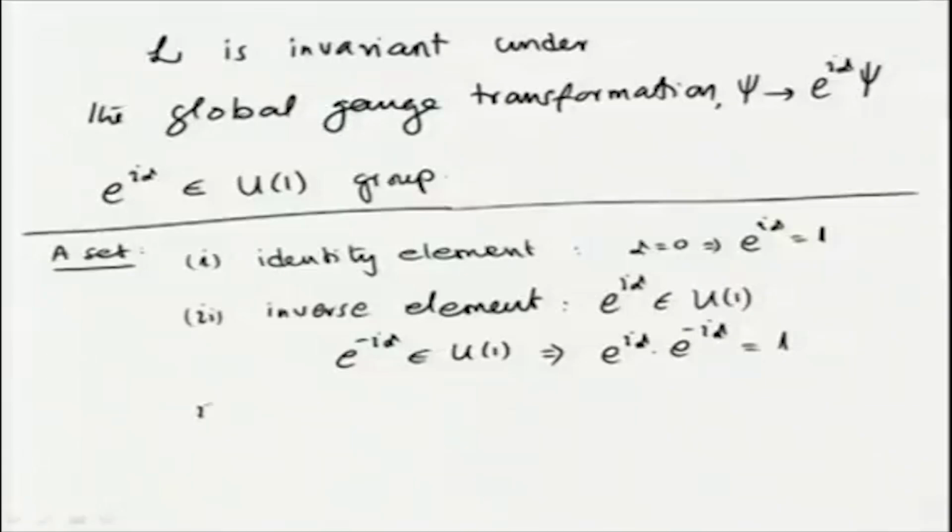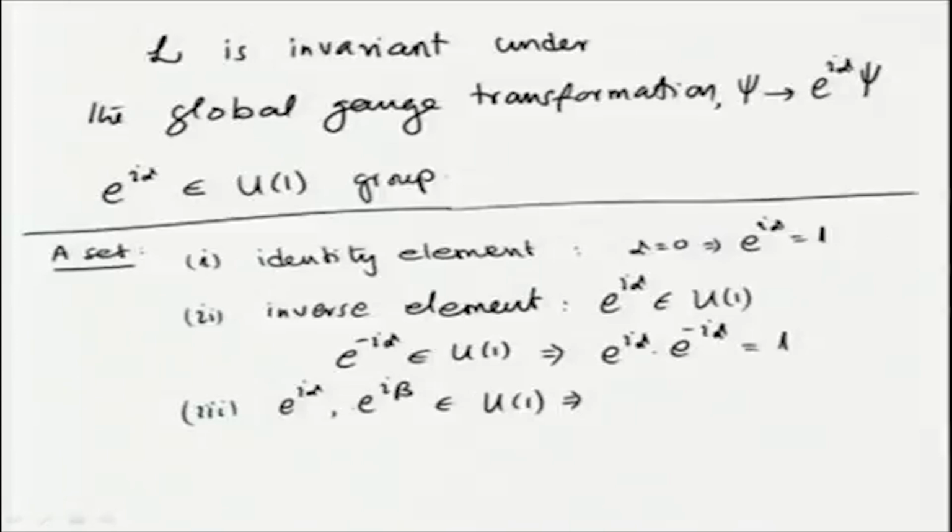Then the other thing is that if e^{iα} and e^{iβ} are two elements of U(1), in this case we are actually illustrating the group property with U(1), but this is applicable to any group.